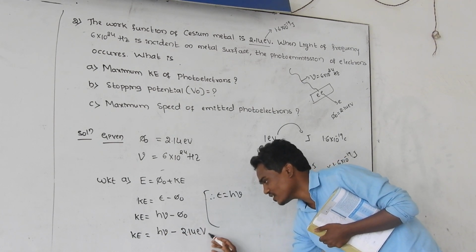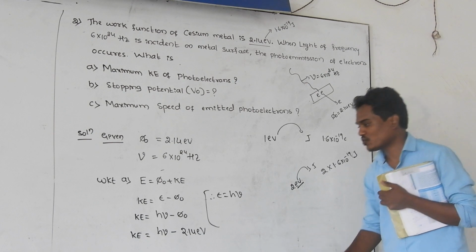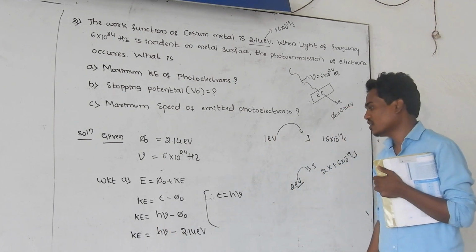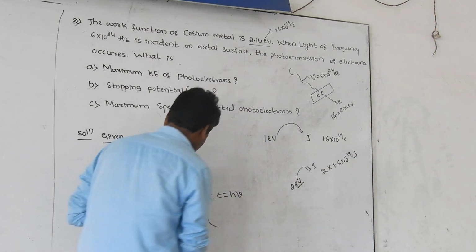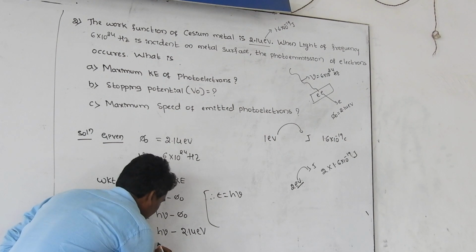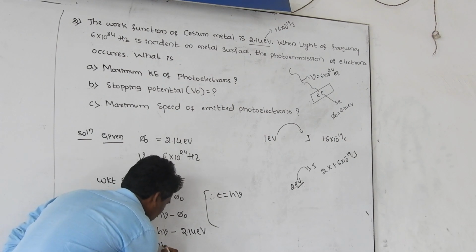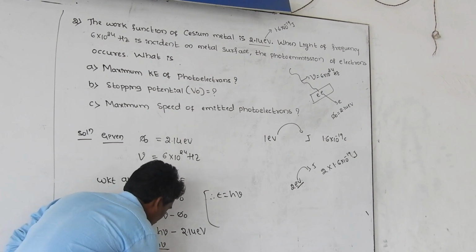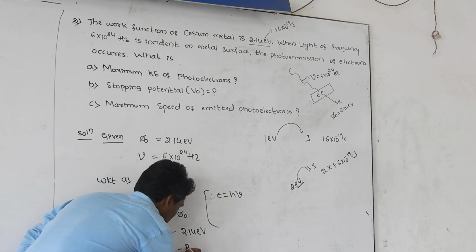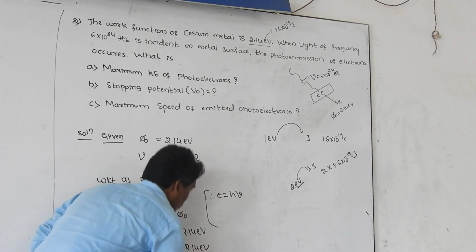But here this is in terms of electron volt. That's why you need to convert this joule to electron volt. In order to convert this energy from joule to electron volt, you need to divide the number by 1.6 into 10 to the power of minus 19, minus 2.14 electron volt.